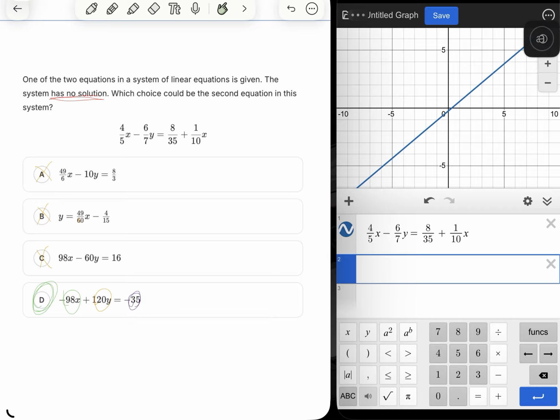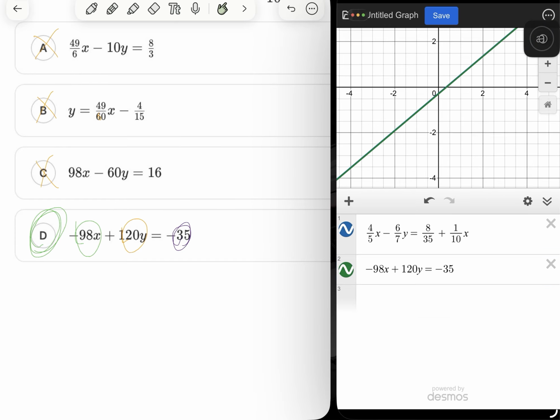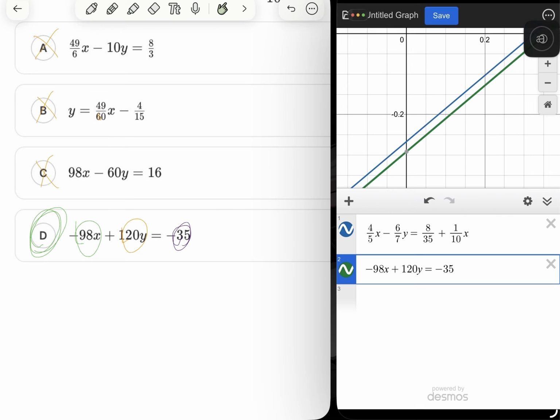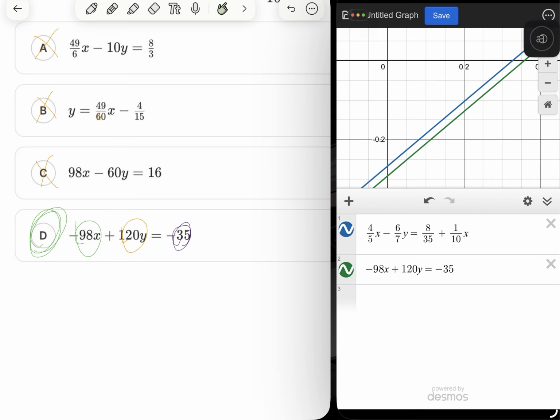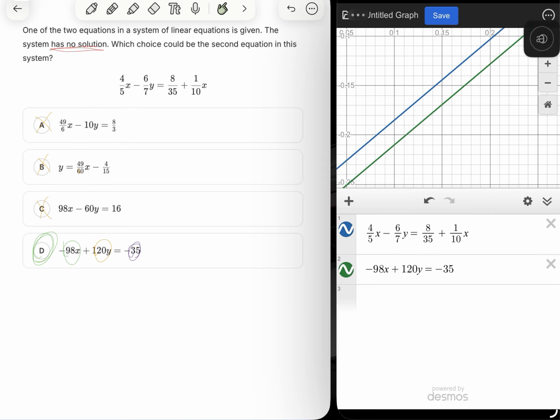In this case, to save some time, I'm just going to put answer choice D so you can see how that looks. But if you type that in, you'll see pretty quickly, look, these lines are parallel to each other. They don't intersect at all. So that's again a good sign that it's going to be the answer choice, because the lines are parallel, they don't intersect at all.